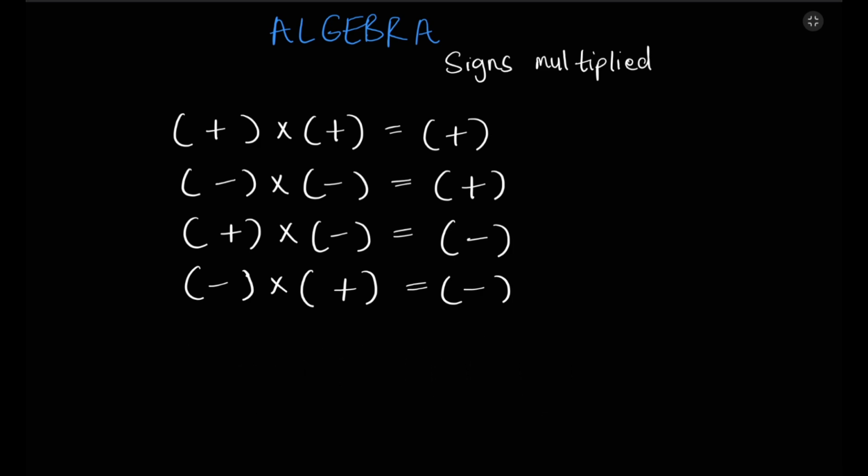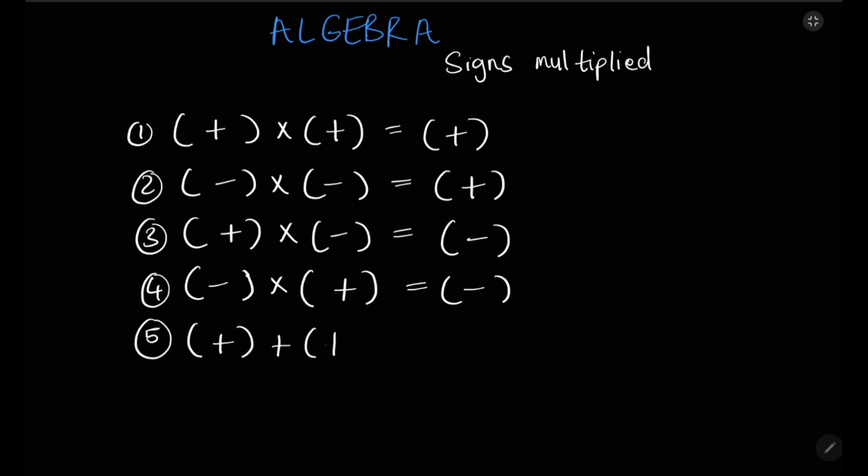Okay? Now, what about when dealing with addition or subtraction? Because you guys know the multiplication. If you have a positive plus a positive, your answer will always be positive. For example, if you have 2 plus 2, your answer will be 4.